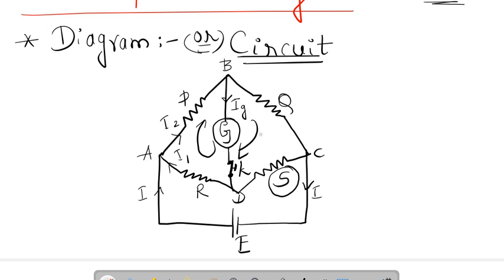The value of the resistance, say R, is adjusted. See, R is adjusted in such a way that the galvanometer shows no deflection.